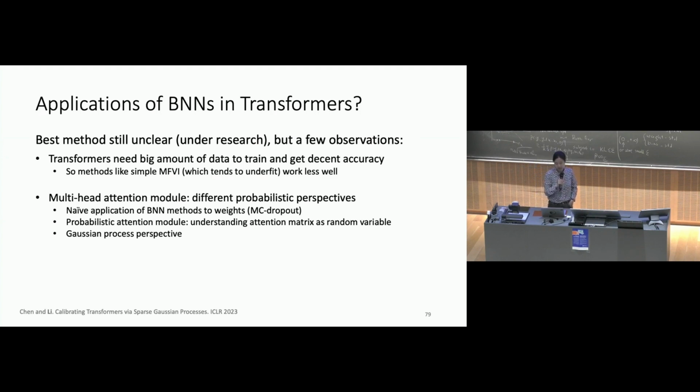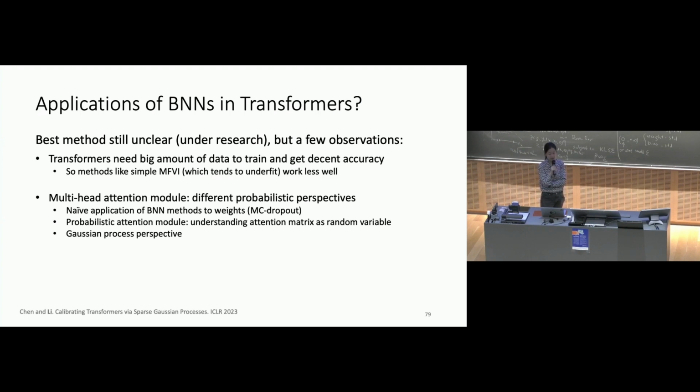The other thing people might be interested in is that for transformers, the core module is basically the multi-head attention. How are you going to apply these Bayesian neural methods in multi-head attention layers? You can either apply naive Bayesian neural methods like MC Dropout, and indeed people have applied MC Dropout there.